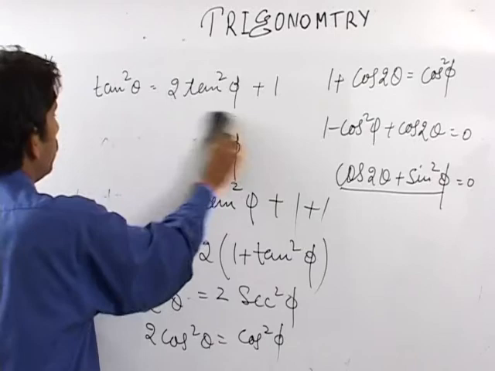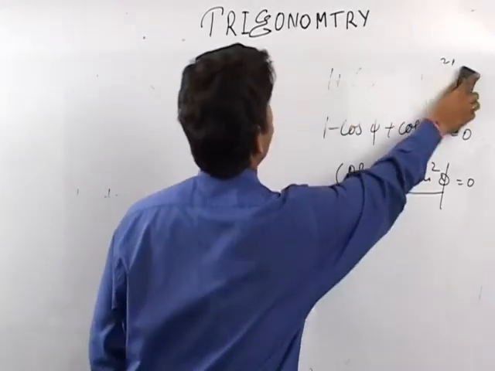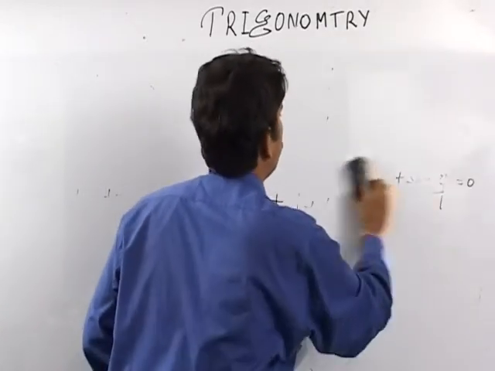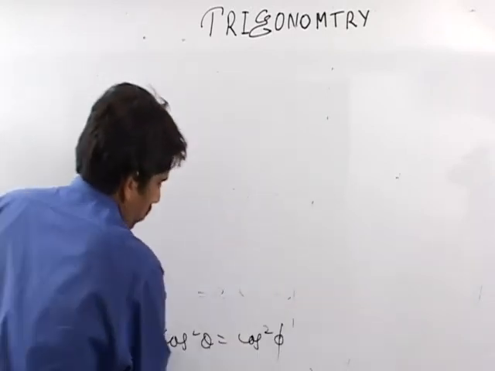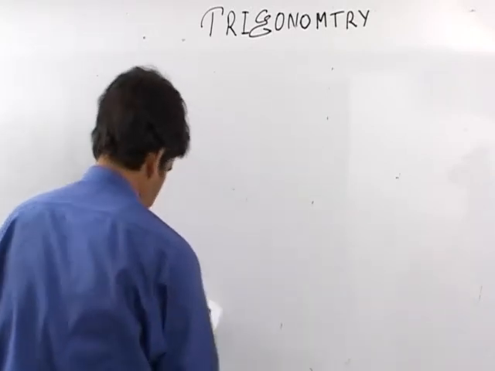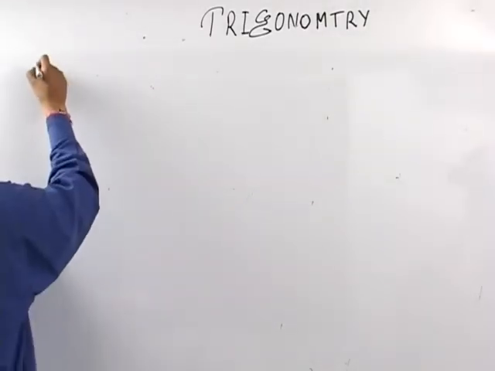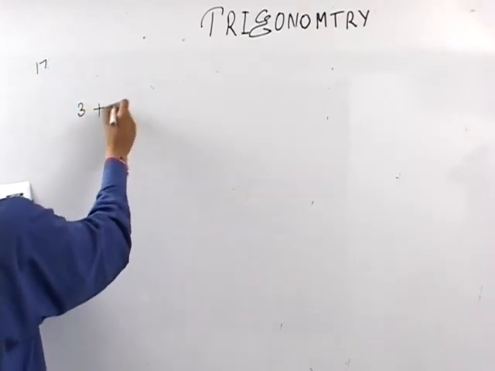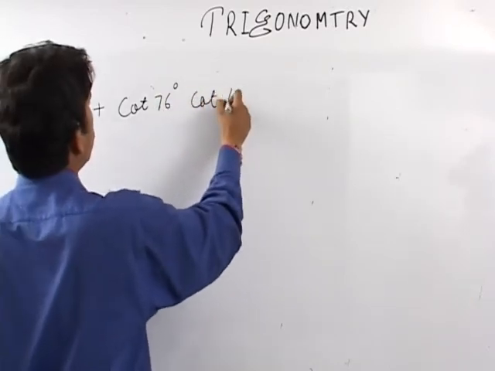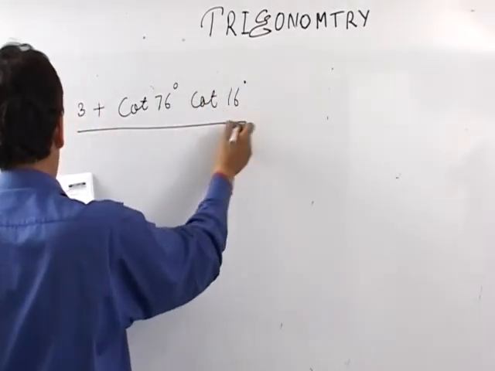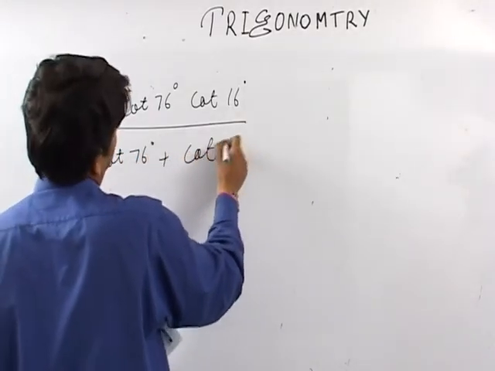Now, the next question. You have to find out the value for 3 plus cot 76 degree cot 16 degree whole over cot 76 degree plus cot 16 degree.